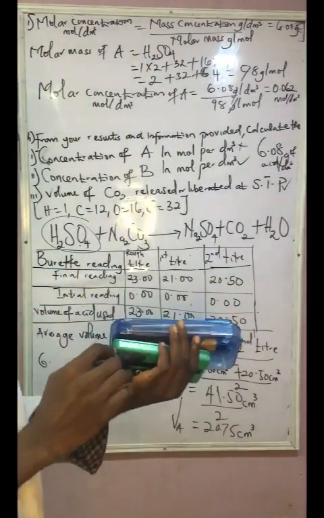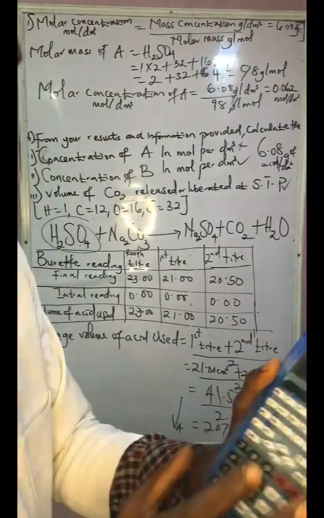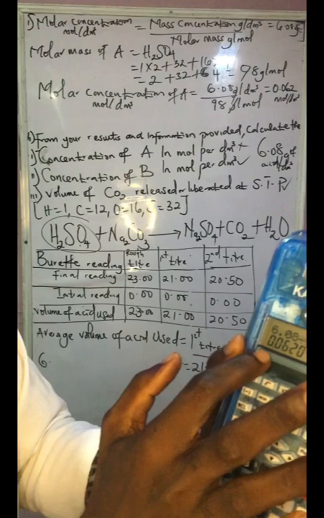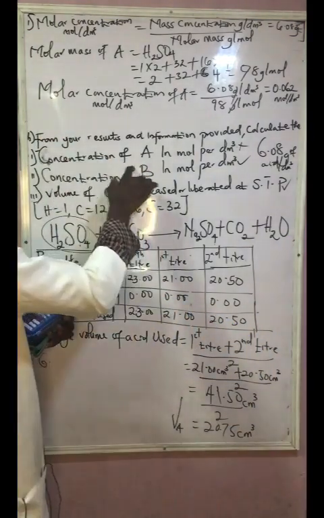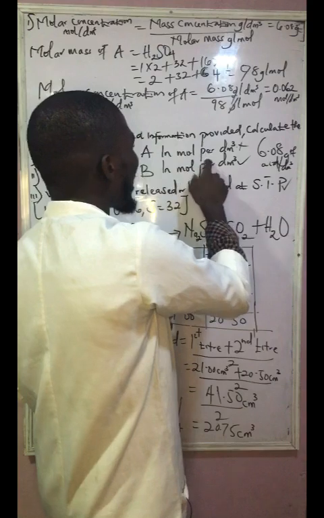Are you with me now? So that's the concentration of A in mole per dm cube.